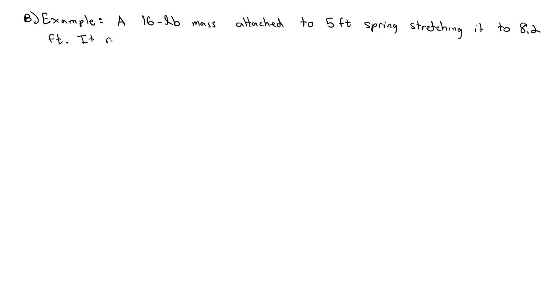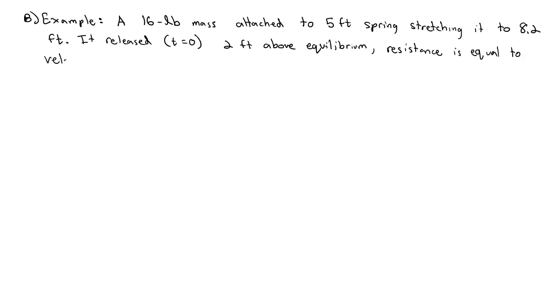It is released, in other words, time is 0 at that point, 2 feet above equilibrium, and the resistance from the dashpot is equal to the velocity. So let's take a look at solving it.